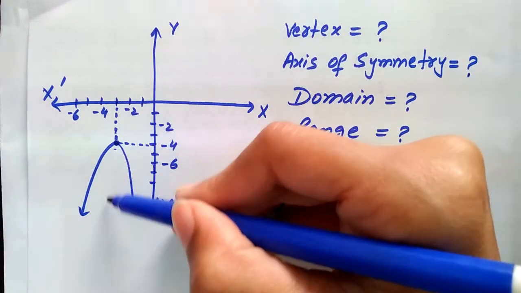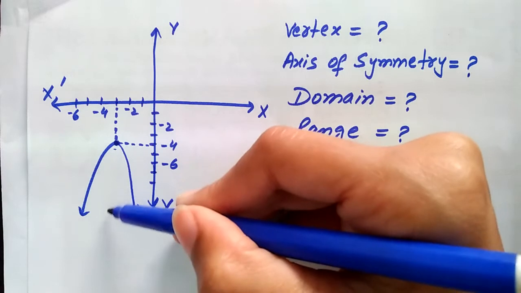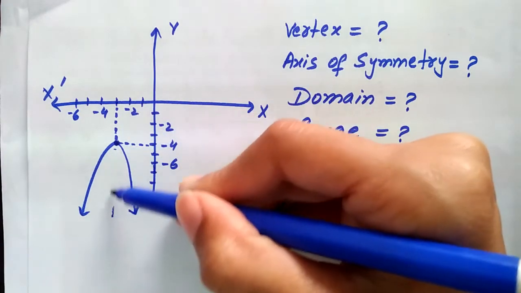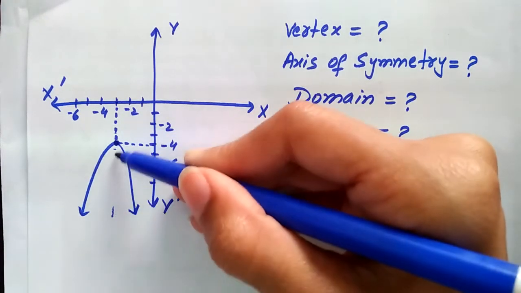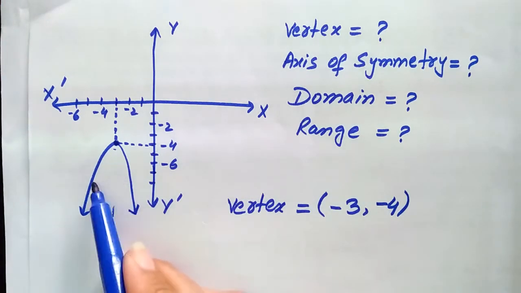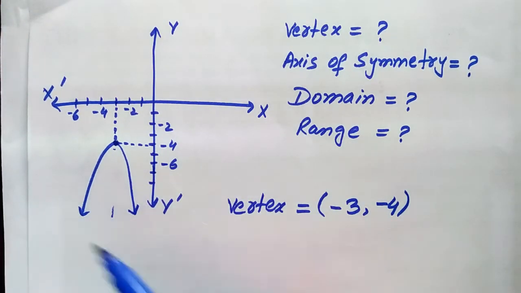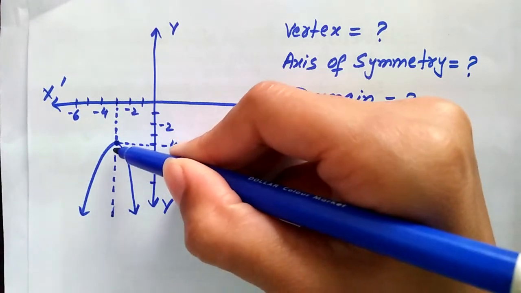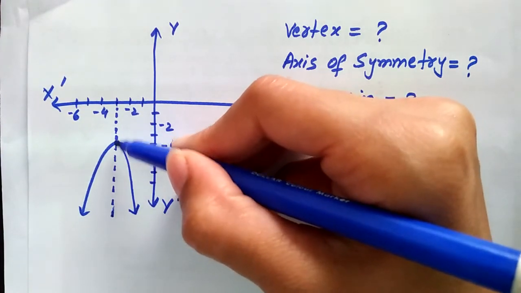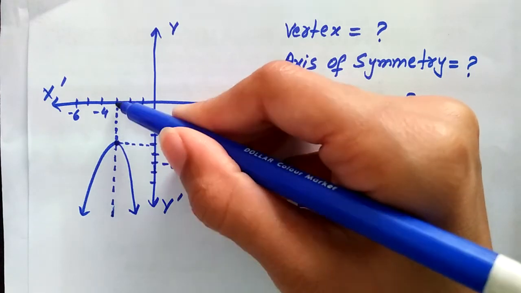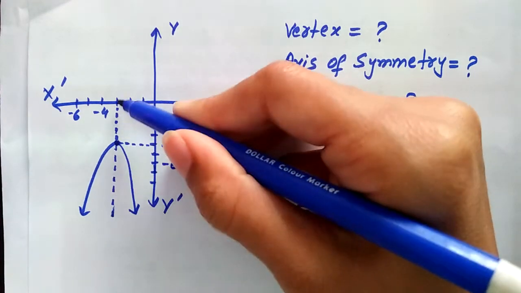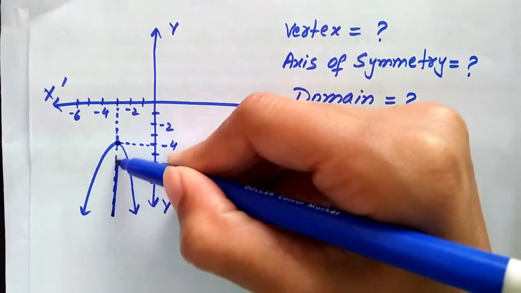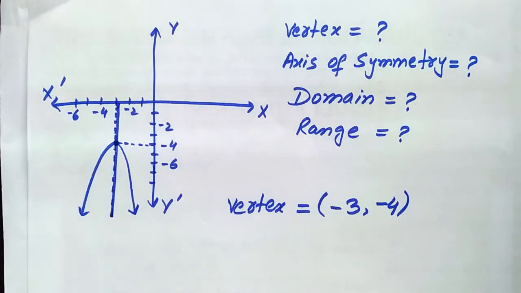The line that passes through the vertex and divides the parabola into two halves is called the axis of symmetry.